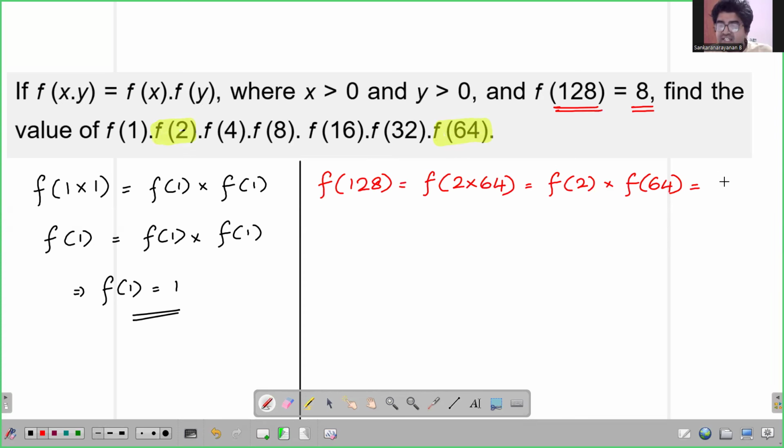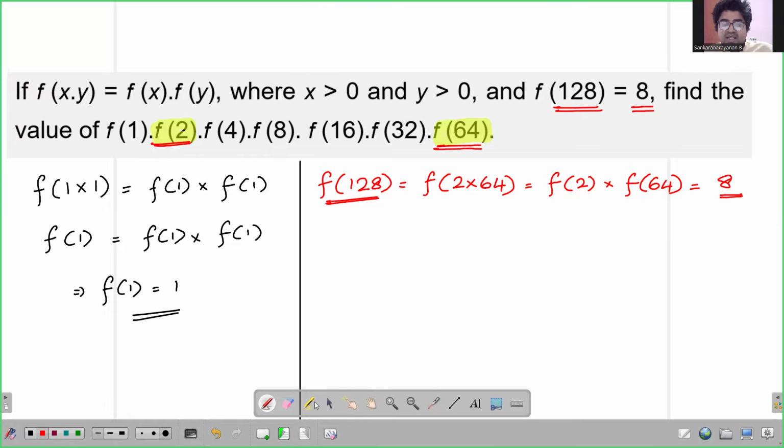But that is equal to 8. Why 8? Because f of 128, I know that it is equal to 8. That 128, I am splitting it as 2 into 64. So f of 2 into 64 is equal to f of 2 into f of 64. That is equal to 8, which means the product of this f of 64 and this f of 2 is equal to 8.